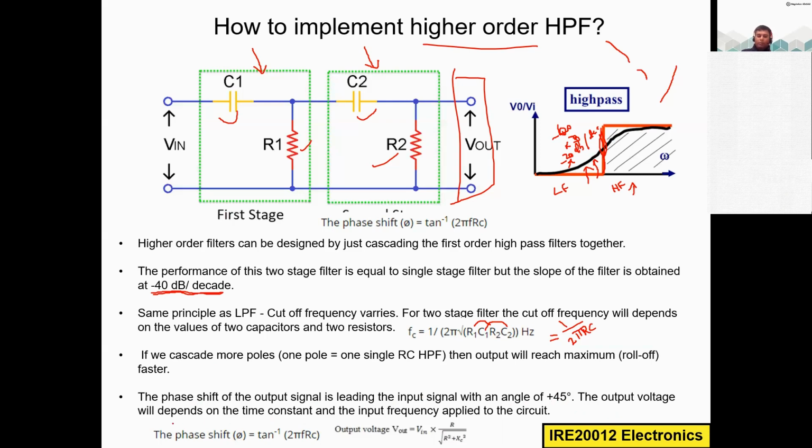The output voltage will depend upon the time constant, 2 pi RC, and the input frequency applied to the circuit. The same formula applies for the higher order high pass filter. The phase shift formula is tan inverse of 2 pi f RC, that is omega RC, and the output voltage is this formula.